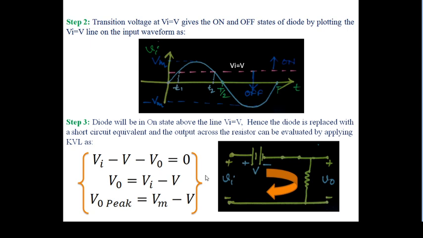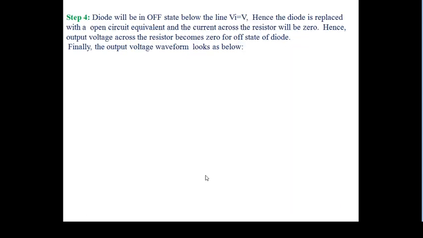Now we have to think about the diode when it is in the off state. In the off state the diode is open circuited. So how does it look? When the diode is in the off state, below the line Vi equals V, the diode is replaced by an open circuit, and the current across the resistor will be 0, hence the output voltage across the resistor becomes 0 for the off state of the diode.